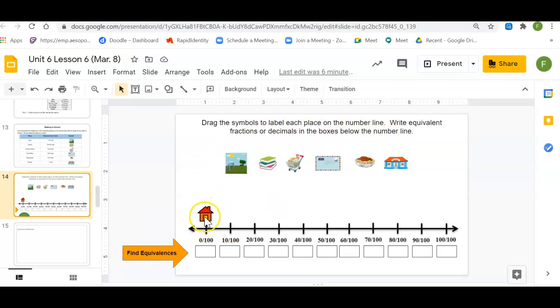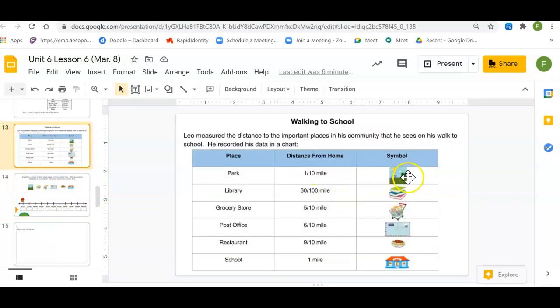This is his home, and now you've got all the different places right here that he wrote distances down on his walk to school. And if we go back up, you'll see this picture represents the park. This one represents the library. This one represents the grocery store. This one represents the post office. You've got the restaurant. You've also got a school.